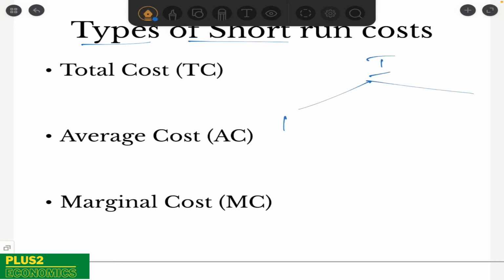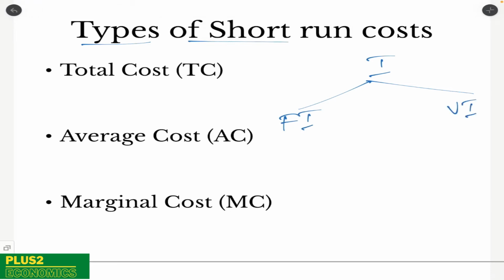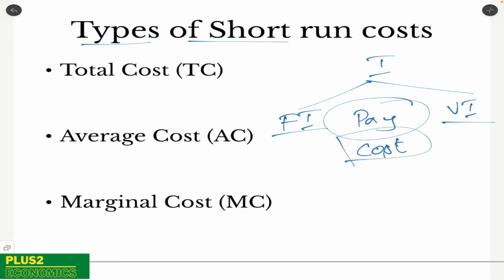Fine. So what do we understand now? Inputs are of two types, fixed inputs and the variable input. Be it the fixed input or the variable input, we have to pay and buy, right? So we incur cost to purchase them.